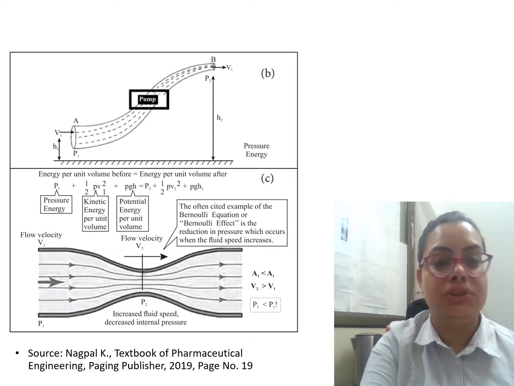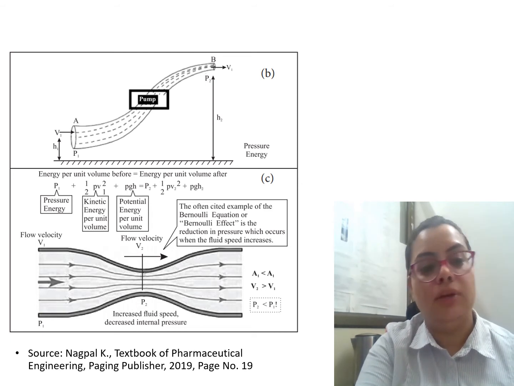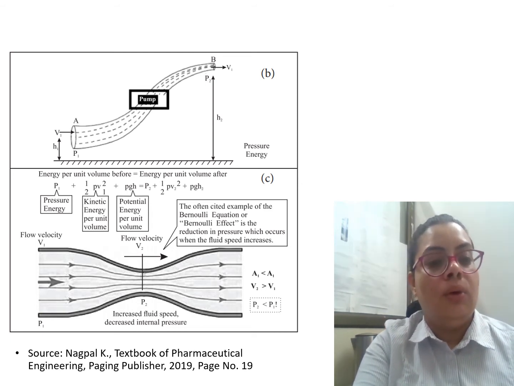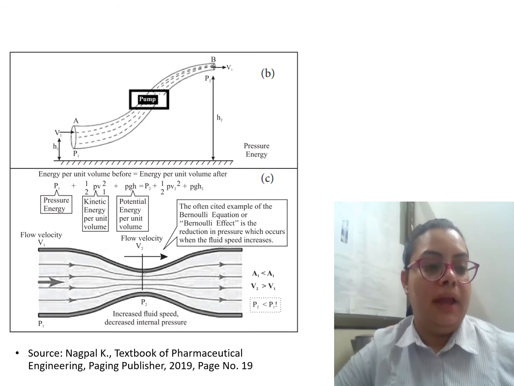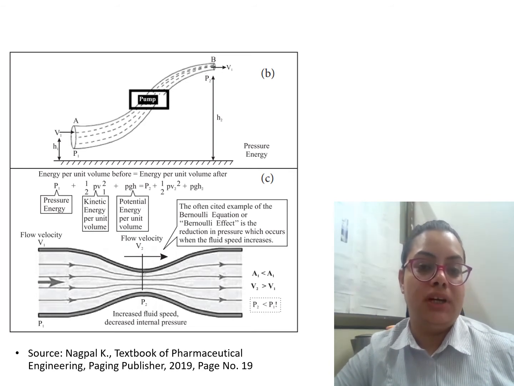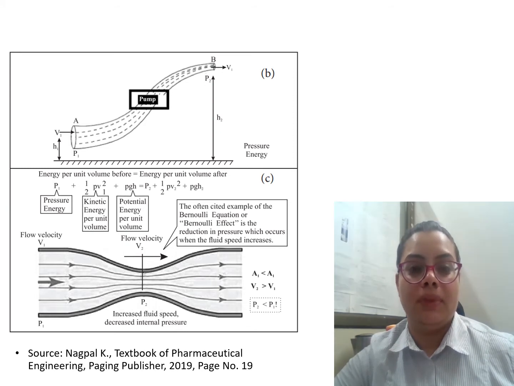And what happens during its journey from point A to point B? At point A, suppose the pressure we are considering is P1, and with V1 velocity this particular fluid is flowing at point A, and the height is h1 as we have already discussed.